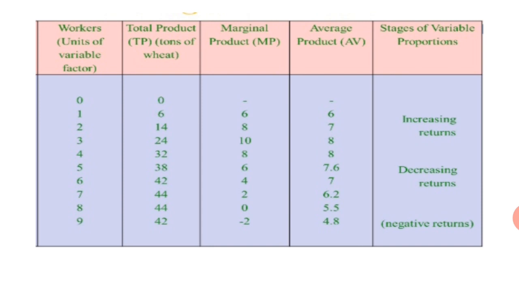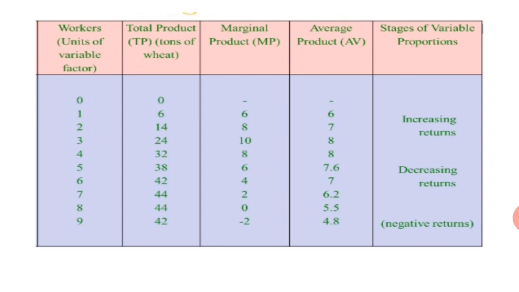First one, unit of a variable factor. The unit of a variable factor is workers, or the labor, starting from 0 to 9. The total product is already given, and then marginal product. How will you calculate marginal product when you have the labor and the total product?